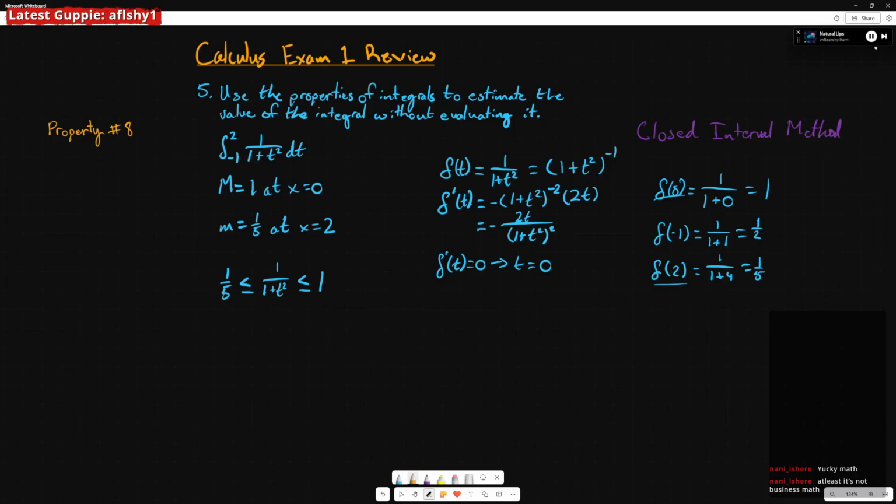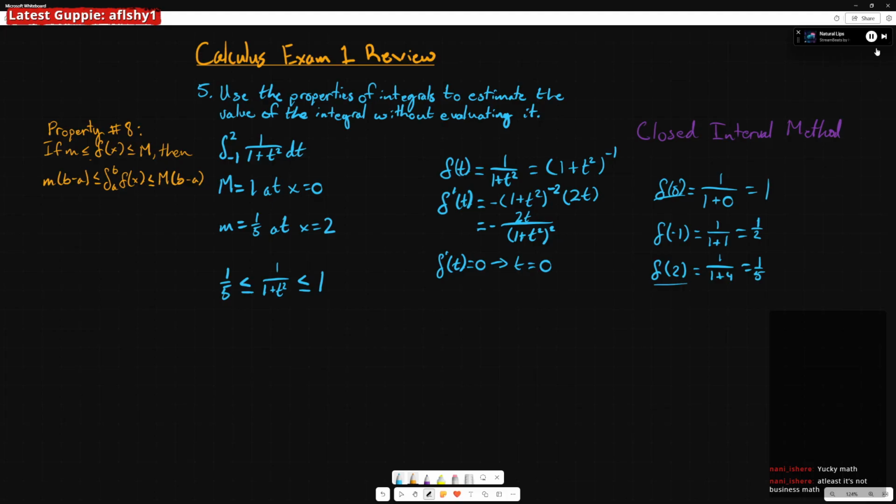Property number 8, which says if m is less than or equal to f of x, which is less than or equal to M, then m times b minus a is less than or equal to the integral from a to b of f of x, which is less than or equal to M times b minus a.